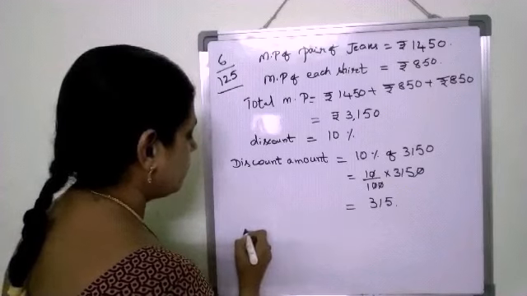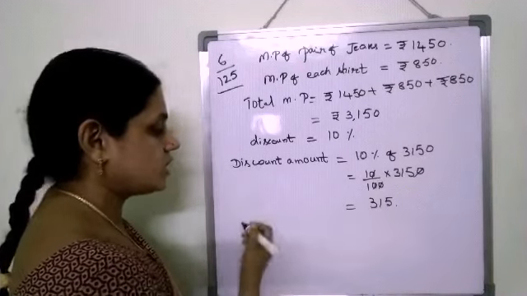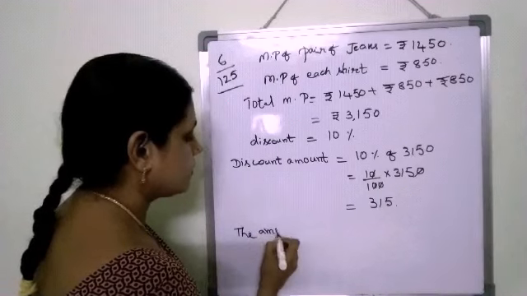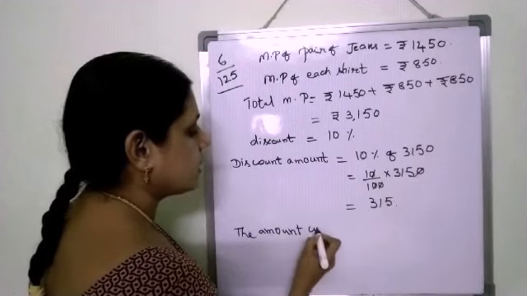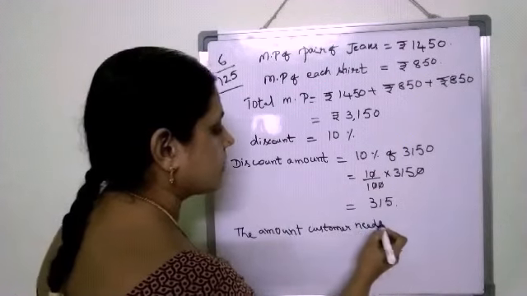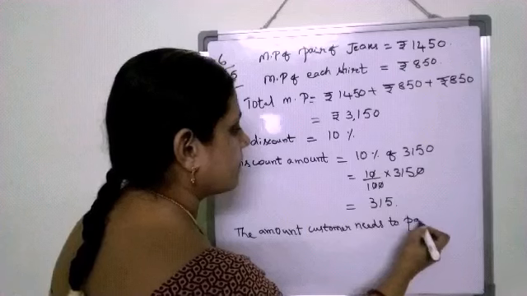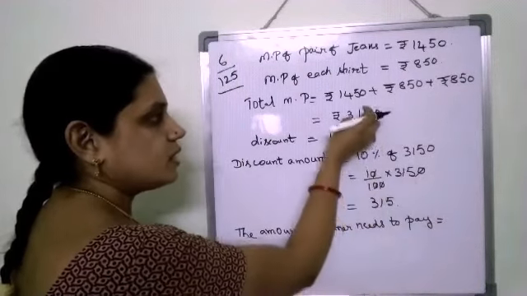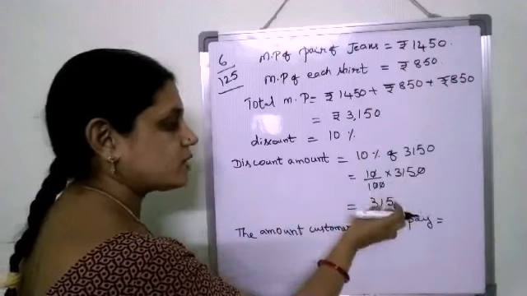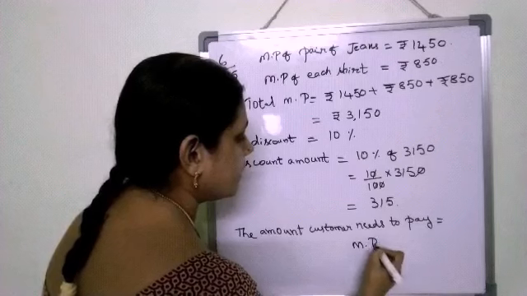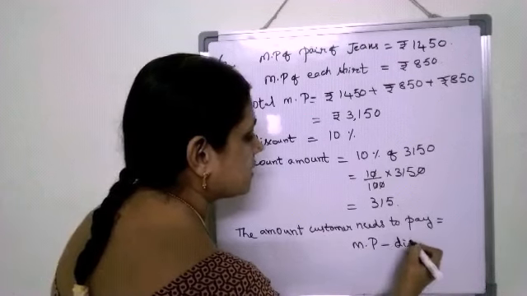Okay. Now the question is how much the customer has to pay. So the amount the customer needs to pay equal to, from 3150 rupees you have to subtract. Why like that? What is the formula? MP, market price, minus discount.